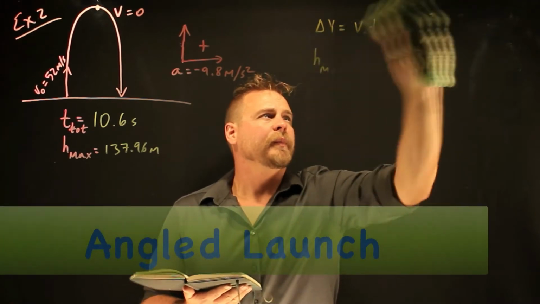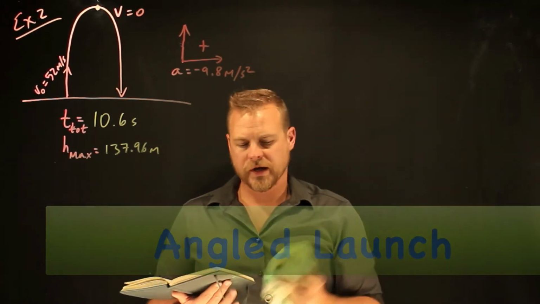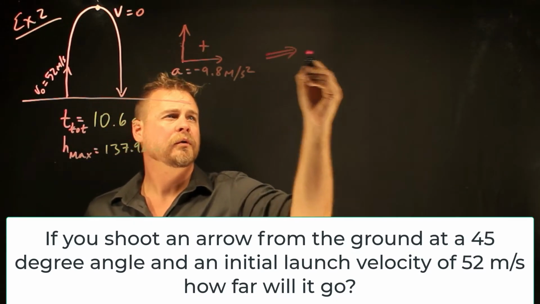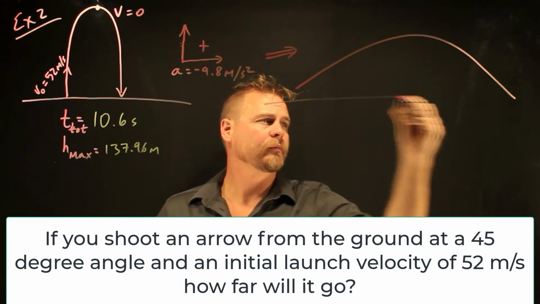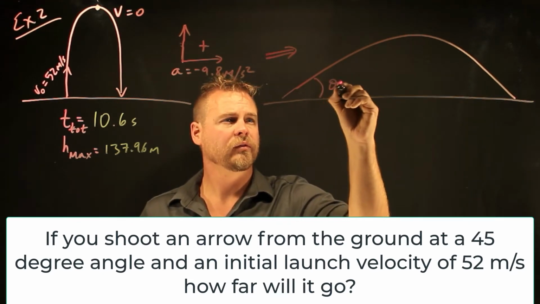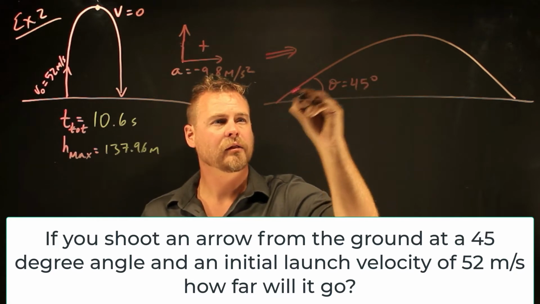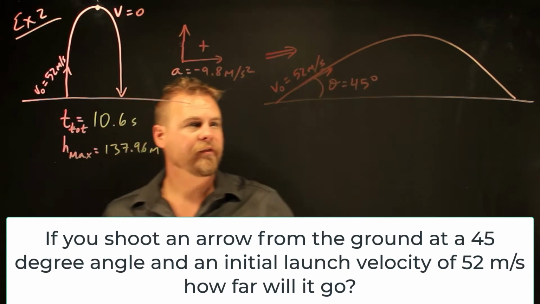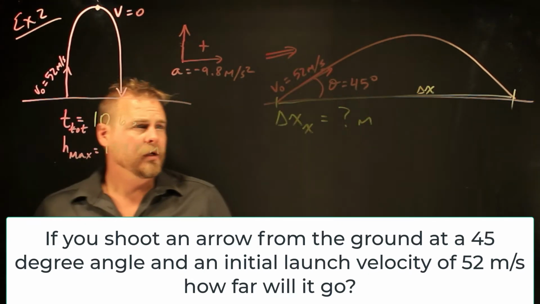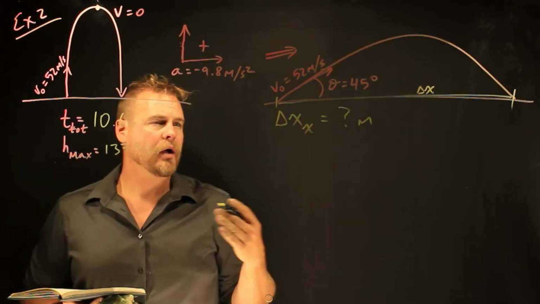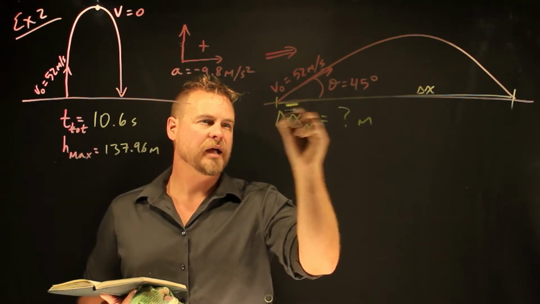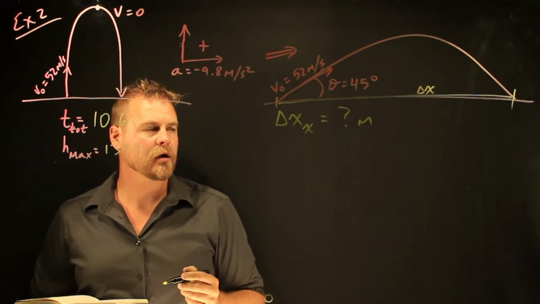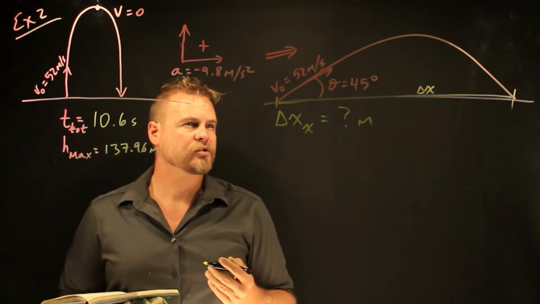What would happen if I changed my launch angle to 45? So now I'm going to do this, where this theta is equal to 45 degrees. My launch is still 52 meters per second. How far would it go? Well, we understand that the amount of time that the velocity in the x dimension can work is equal to the amount of time that it's in the air, which is directly related to its y-dimensional components.